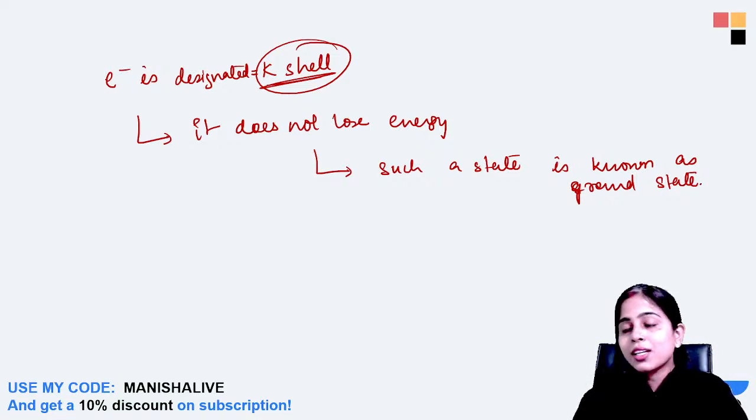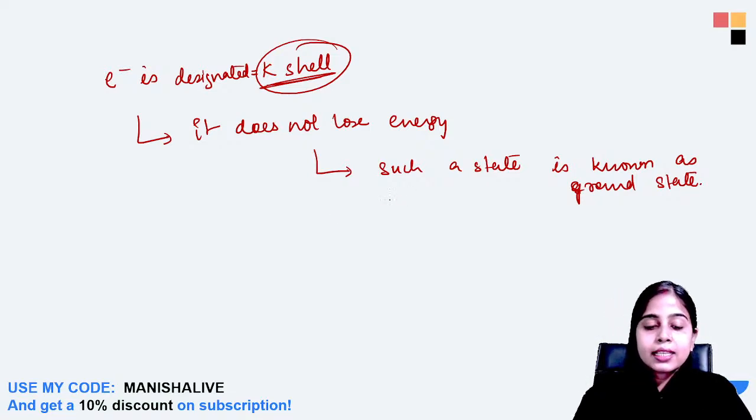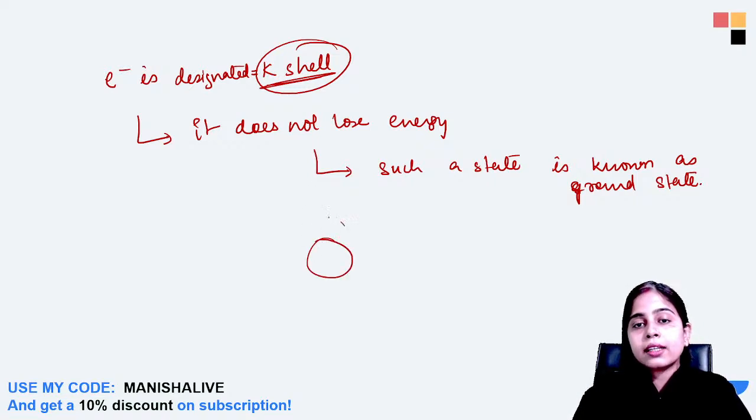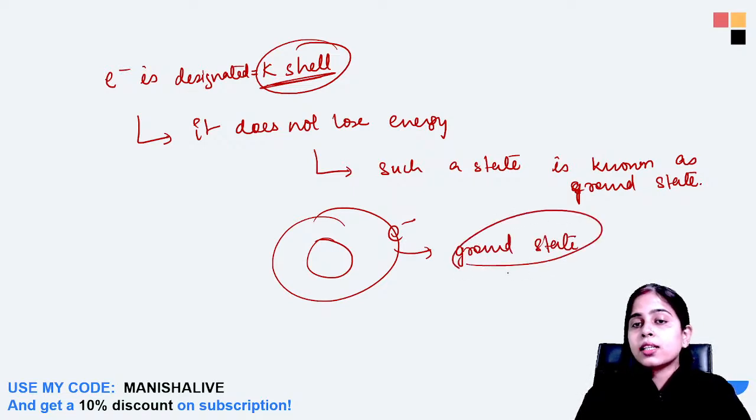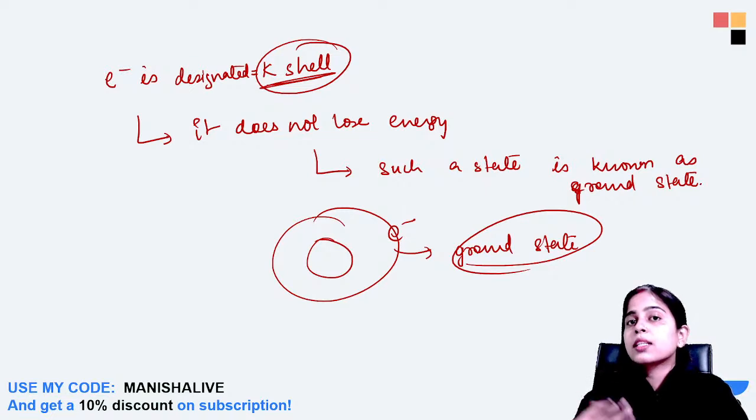Very good, Avinash. So if I say that inside a hydrogen atom the electron is in its first shell, that means this is the ground state of this electron. That means it is not losing any energy. And if we provide some energy to this electron and it jumps to a higher energy level, then we say that it is in its excited state. Clear? Is it clear?